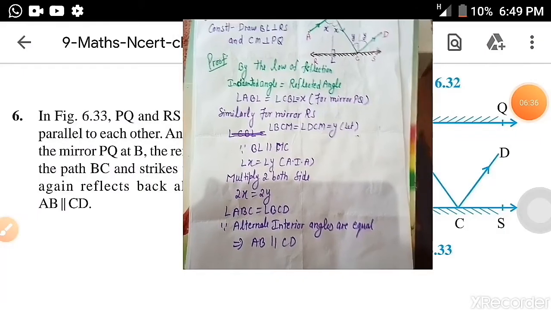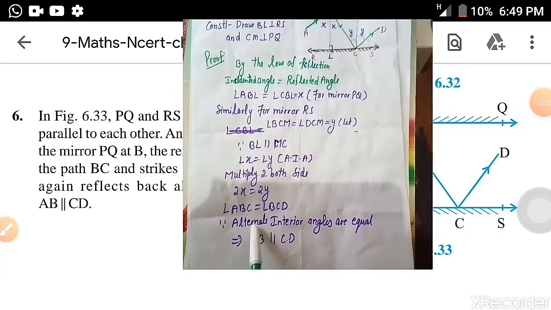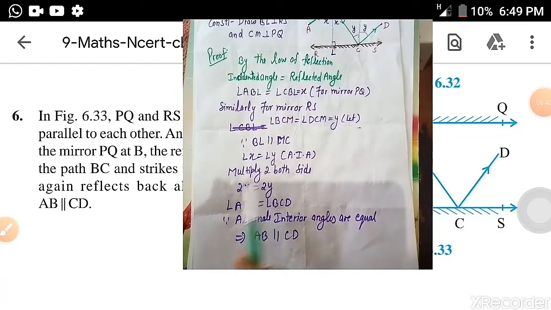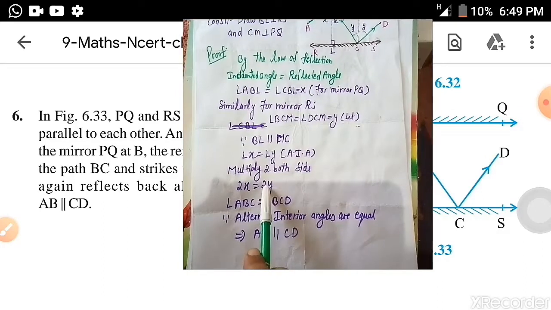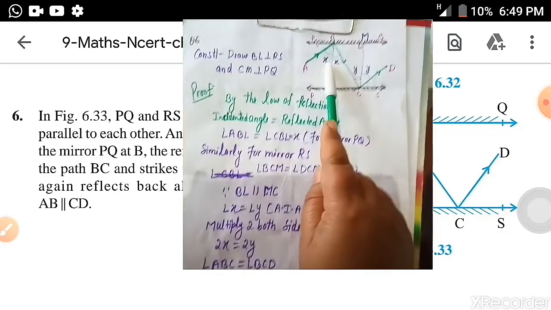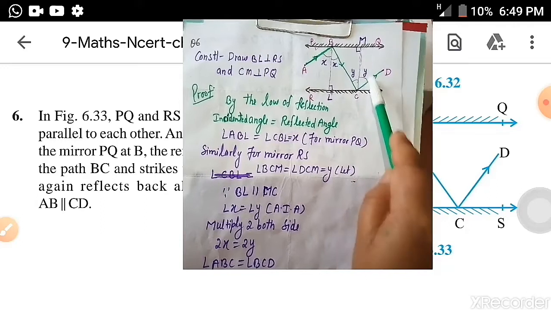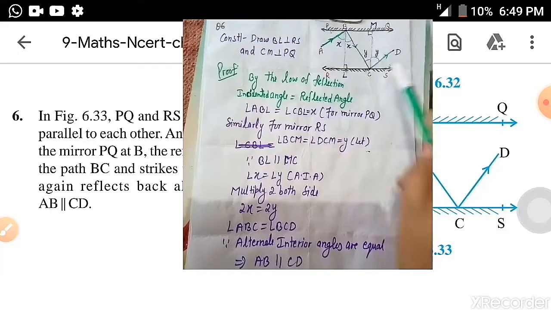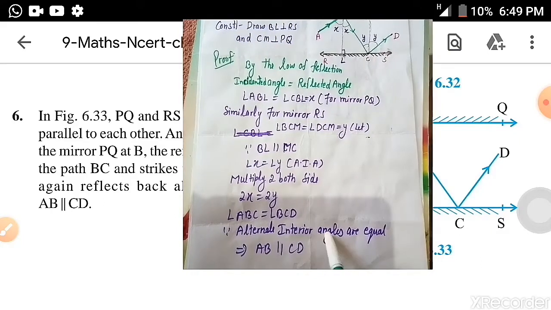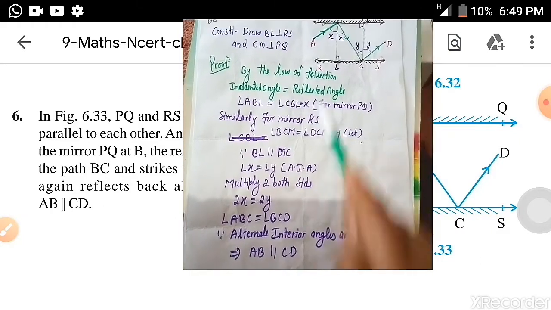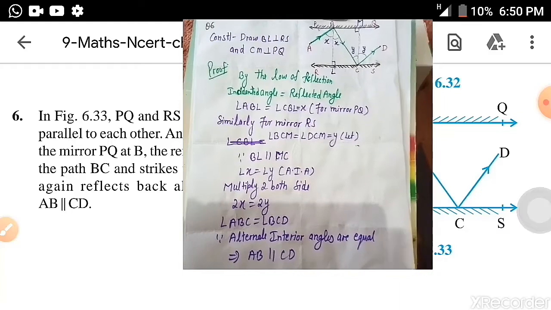So you can see that 2x is ABC and 2y is BCD. So these two angles are equal to each other and you can see easily that these are alternate interior angles. Since alternate interior angles are equal to each other, therefore AB is parallel to CD. This we have to prove.